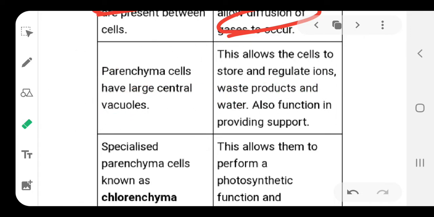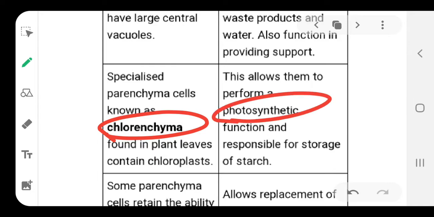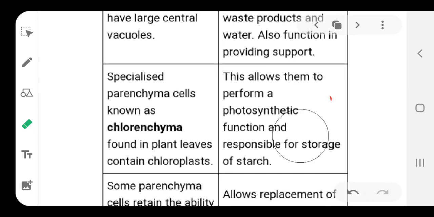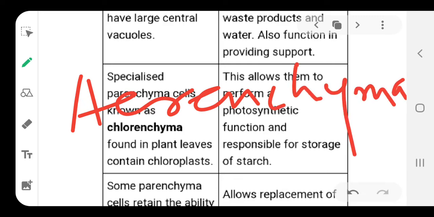Okay. Then the third one: they have specialized parenchyma cells which we call chlorenchyma, found in the plant leaves, and this allows them to perform the function of photosynthesis, and they are also responsible for starch storage. Okay. And there is also aerenchyma, in which they trap air and help in buoyancy.